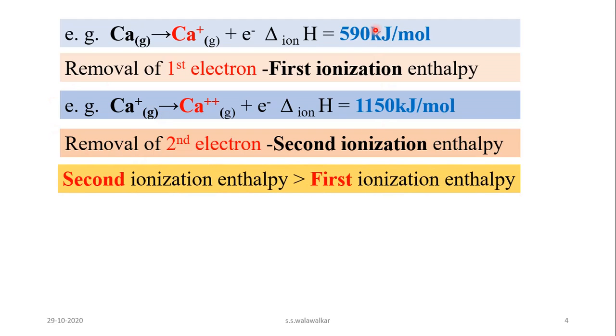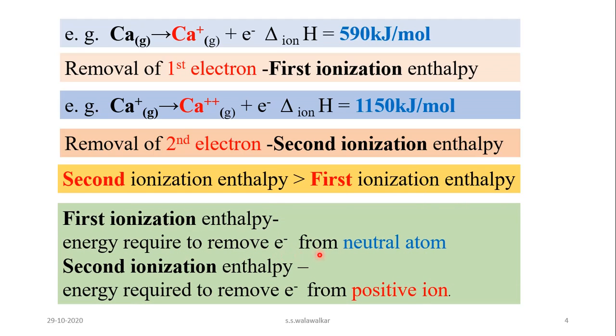This value shows that the second ionization enthalpy is greater than the first ionization enthalpy. This is because the calcium atom in the gaseous state is a neutral atom, and the attraction between the outermost electron and the nucleus is less compared to the attraction in the positively charged calcium ion, as its size is small and the attraction is more.